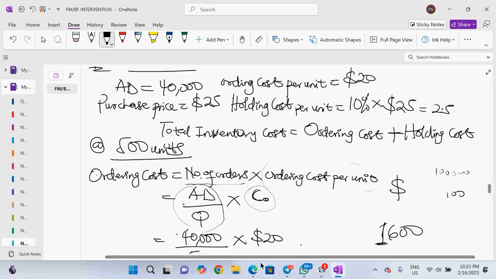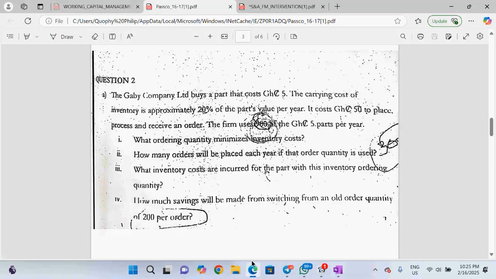What is the number of orders? That's AD over Q. Just that one. How many orders will be placed each year? That is what he's talking about.